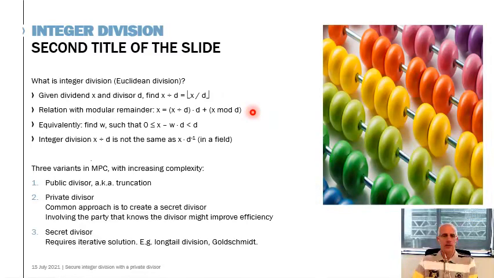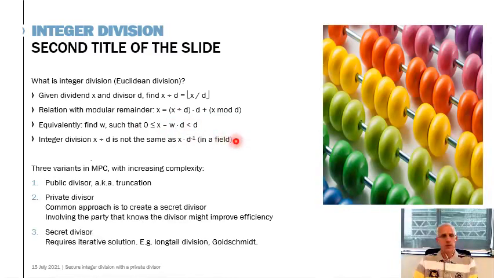So x equals the x div d times d plus the modular remainder. If you know the one, you can compute the other one, which also means that if you want to find the div, you can compute the number w such that the remainder is between 0 and d, and then you know that you have the right div.